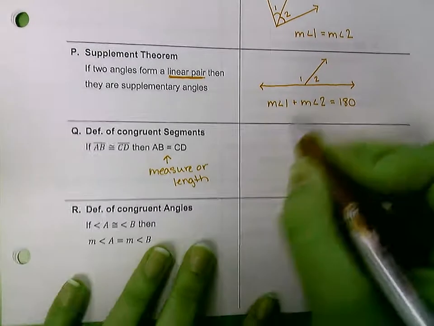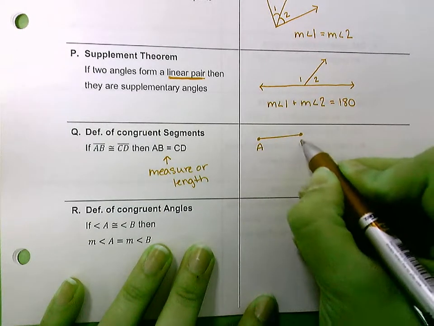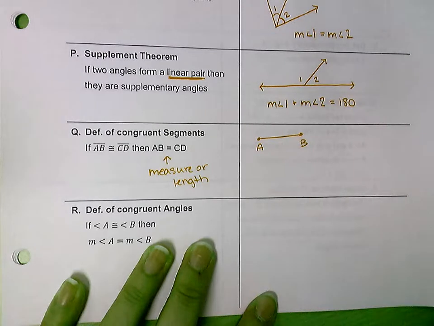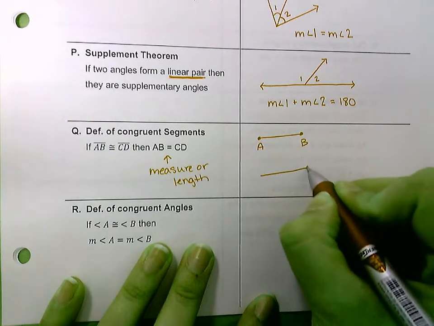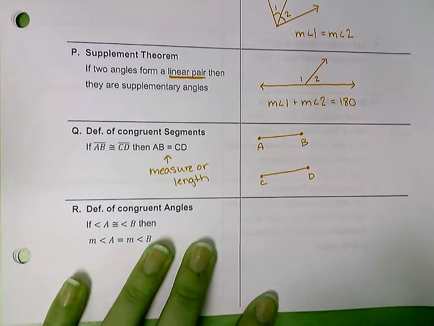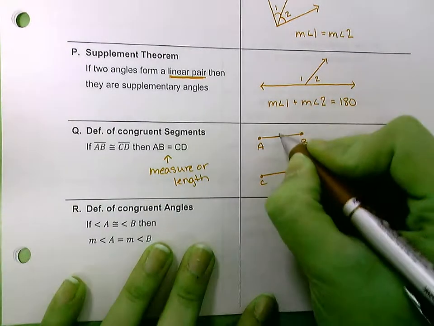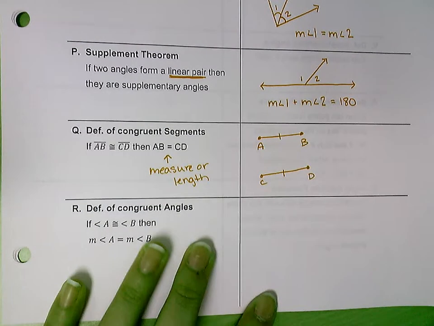Okay, so if I have segment AB and segment CD, and I was given that they are congruent, I'm going to mark them as congruent.